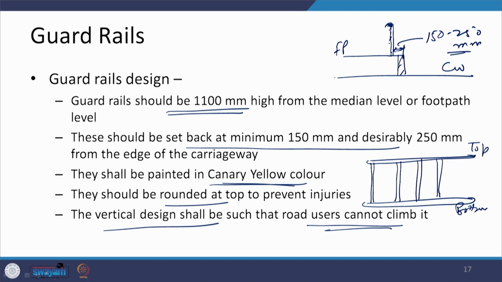What it says is that if these are being provided, the gap between these bars, first of all, should not be such that a person can cross through it. Another thing is that if you provide horizontals at different locations, they should not be there, because otherwise people will use them as a step and cross towards the other side. So, this is not allowed. That is what it is talking about here.